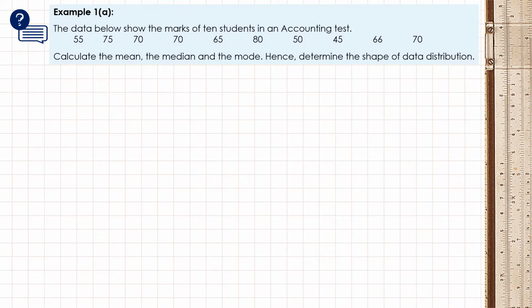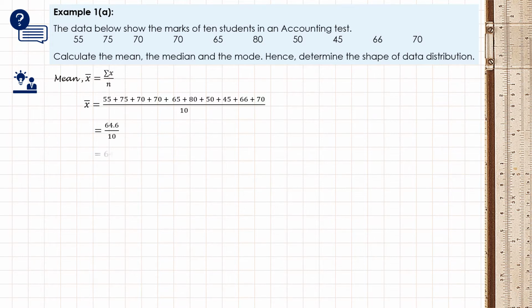First, to find the mean, we use the formula summation x divided by n, which means we total up from the first observation until the 10th observation and then divide by 10. So the mean value is 64.6. Therefore, the average mark of the 10 students is 64.6.